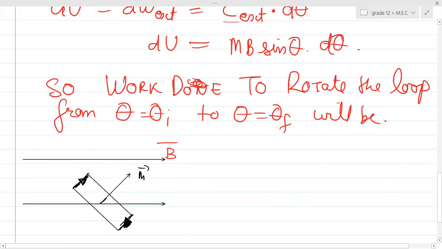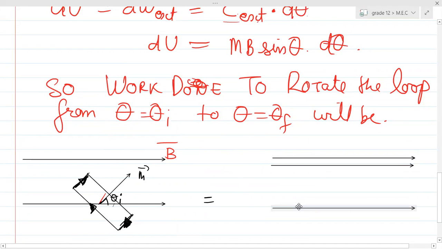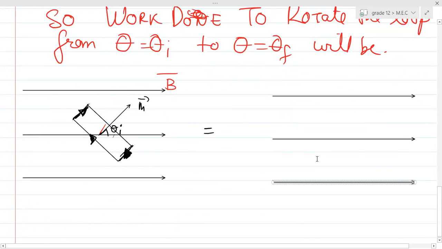So can you see over here, guys? Suppose I want to make it from theta i to, let's say I increase the angle to here.